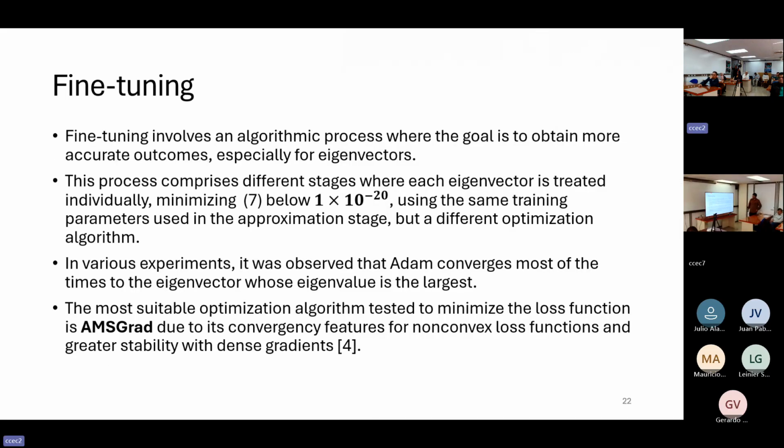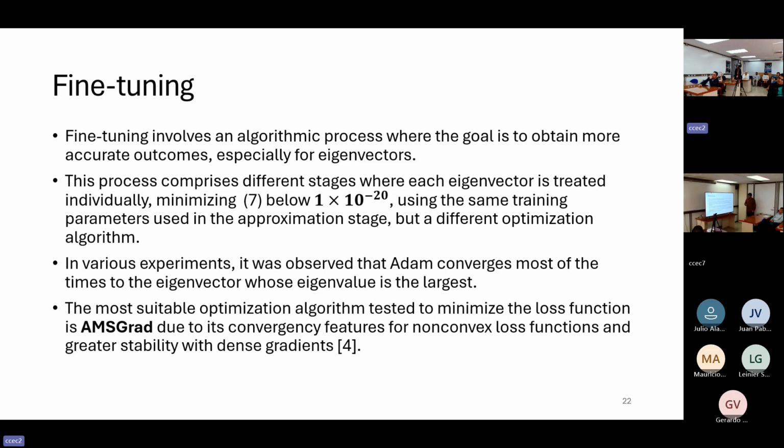Fine tuning. Once the eigenvector matrix has been approximated, we need to handle the eigenvectors individually, minimizing the same loss function. However, we need to change the optimization algorithm because of convergence problems.